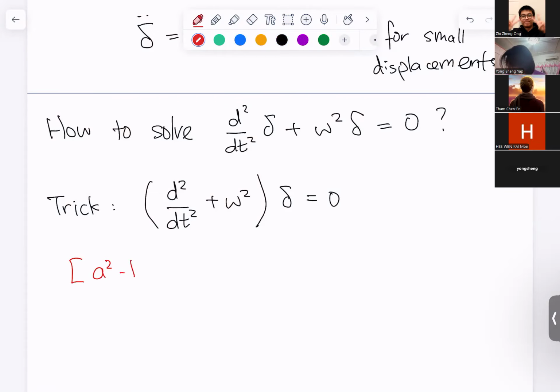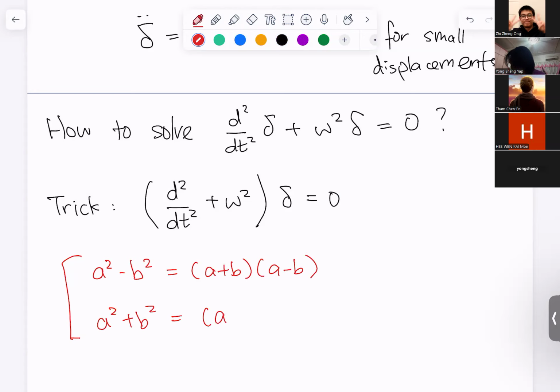a squared minus b squared is equal to a plus b, a minus b. All right. So a squared plus b squared is basically just a squared minus negative b squared.